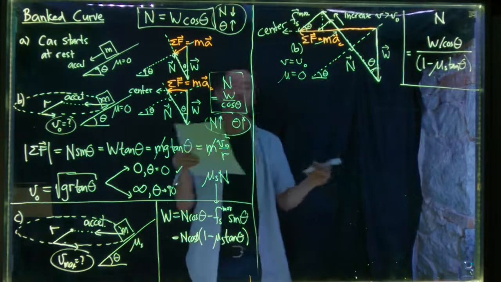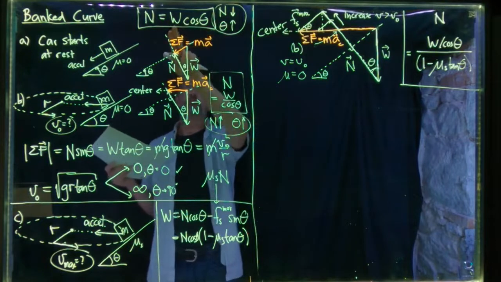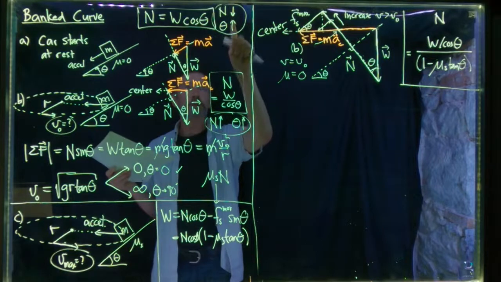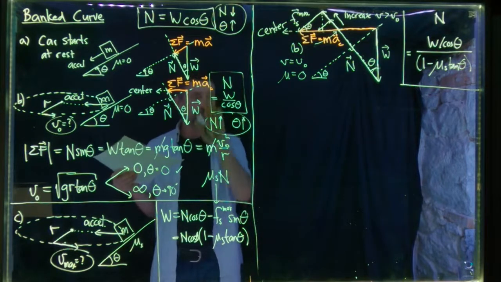Okay, so now that's interesting. Let's compare. Here, the normal force was just weight times cos theta. Normal decreased as angle theta increased. Here we had normal is the weight divided by cos theta. As we crank up the angle, the normal force increases.